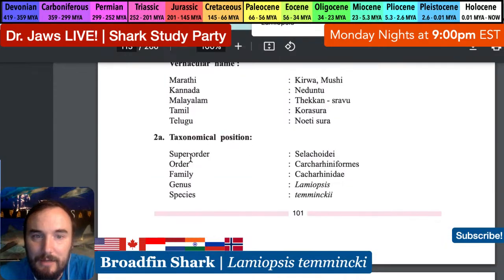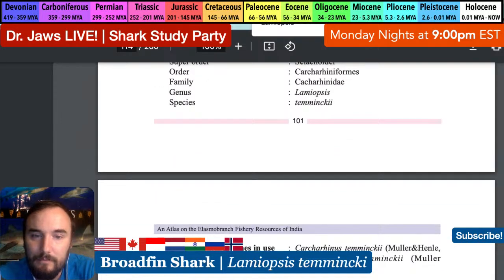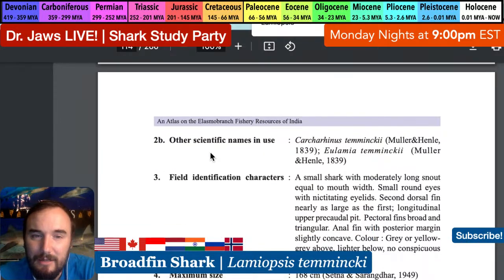I like that this guide includes the superorder sharks, so Selachii. So these are the selachians, like the true modern sharks, which are separate from rays. Other scientific names in use.